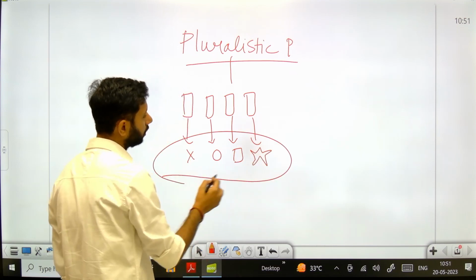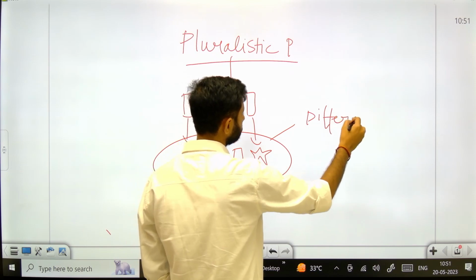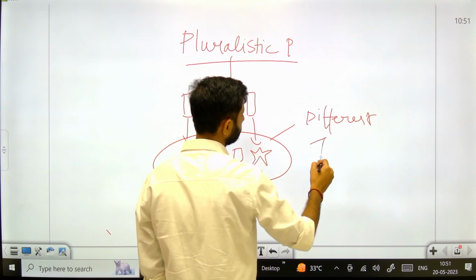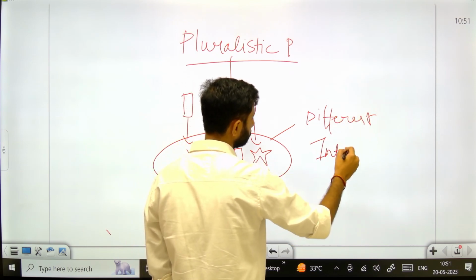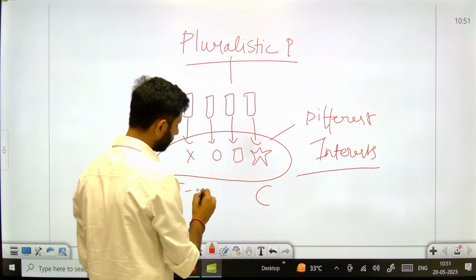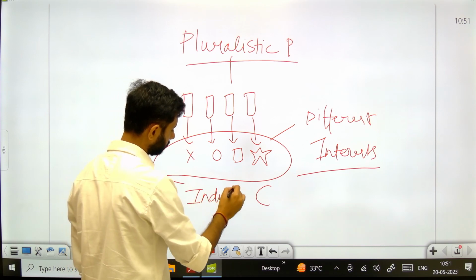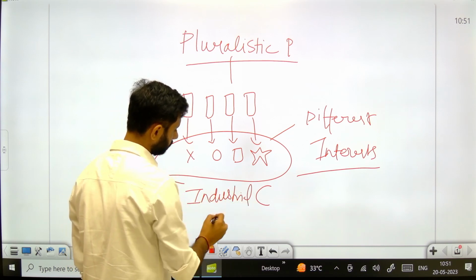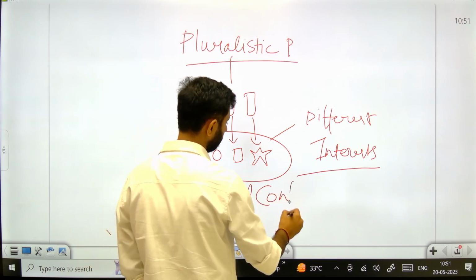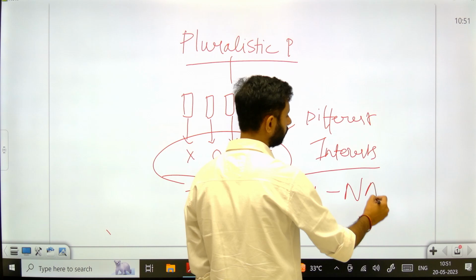All people are different, all have different interests. So that's why industrial conflict is natural.